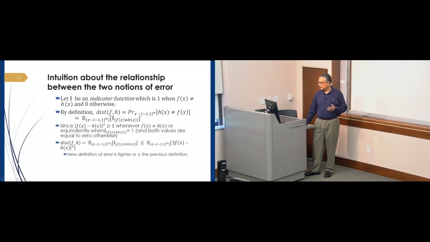So since one term is bigger than or equal to the other whenever the first term is 1, and they're equal when it's 0, this inequality holds. So our notion of distance is giving us a tighter estimate than the estimate that we used to have through the concept of error. So we can now replace it because it's more conservative in that sense.